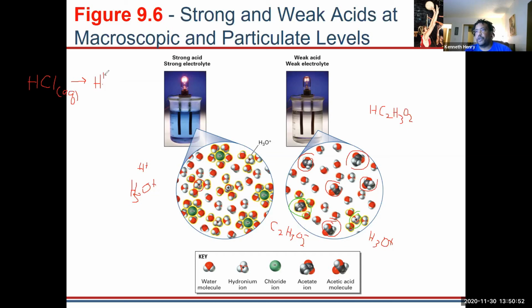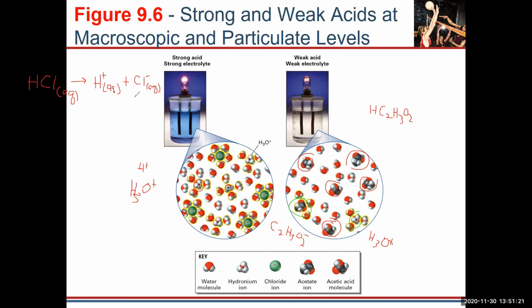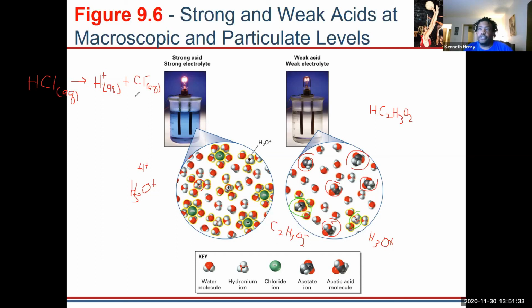So what is the major species for hydrochloric acid? Is it the reactant side? Nope. Strong acids always are going to dissociate to their ions.